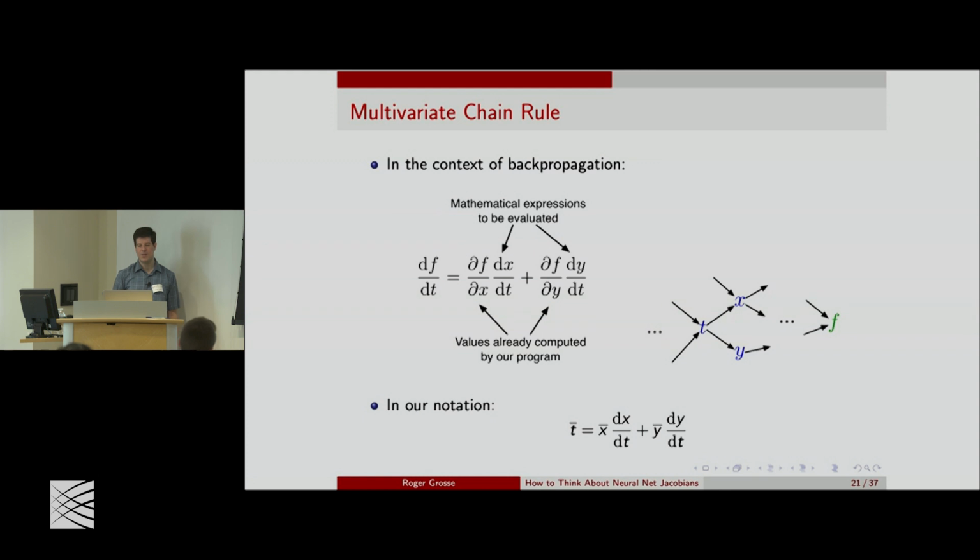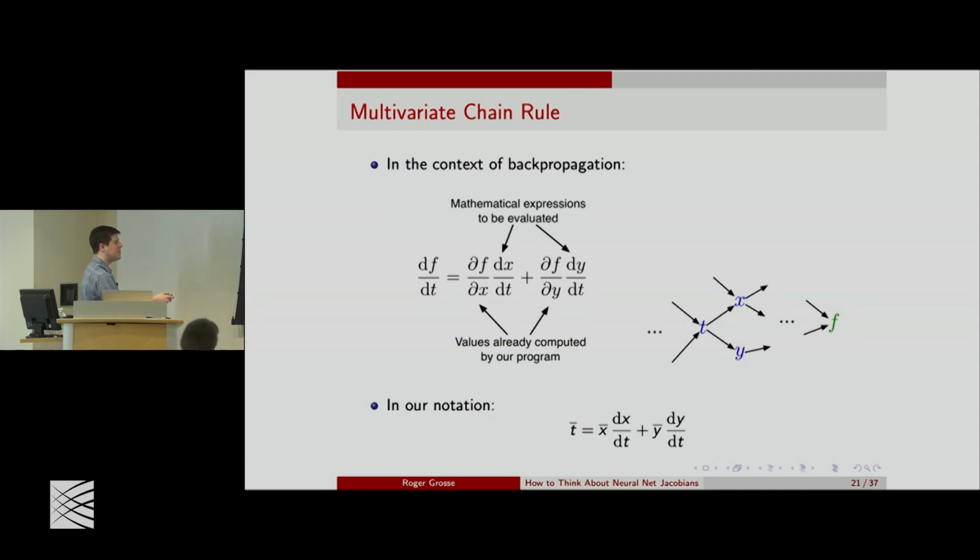When we're dealing with neural nets, I like to think about it in a slightly different way. So we have a computation graph, and we're trying to compute the partial derivative of f with respect to each of the nodes in this graph. And we assume that we've already computed df over dx and df over dy. And what we're trying to do is find df over dt. So when we apply the chain rule, df over dx and df over dy are values that a program has already computed.